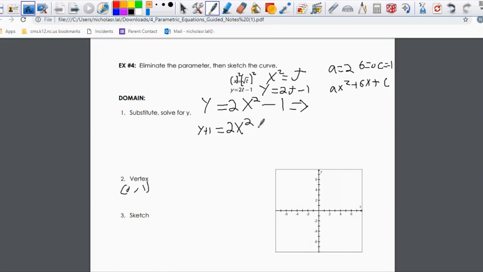So remember, this is 2x squared plus 0x. Factor out the 2, so y plus 1 is equal to 2 times x squared plus 0x, and 0 divided by 2 is equal to 0. 0 squared is equal to 0. So we add 0 to each side. I know this is trivial, but I want to be completely methodical. If you already get this, you can skip over this part.